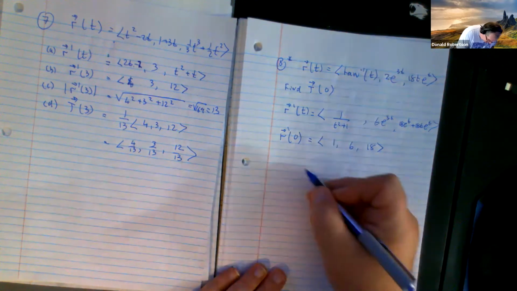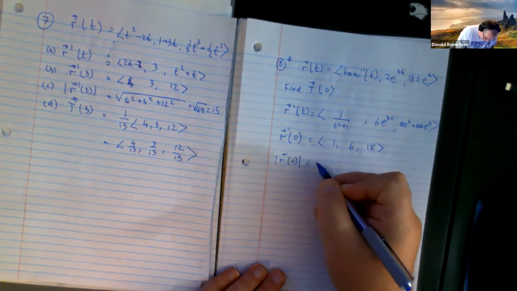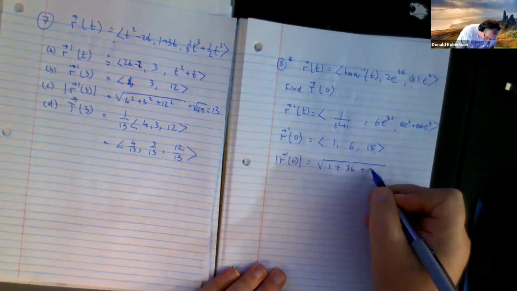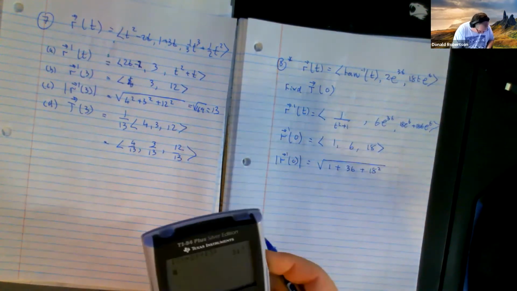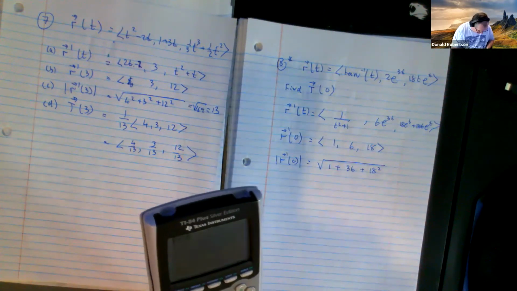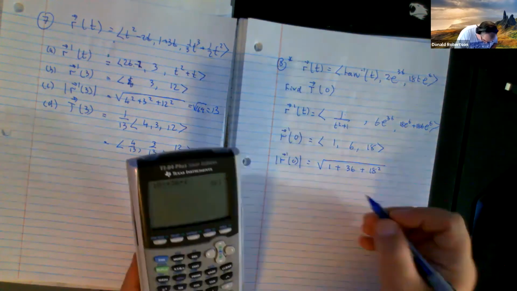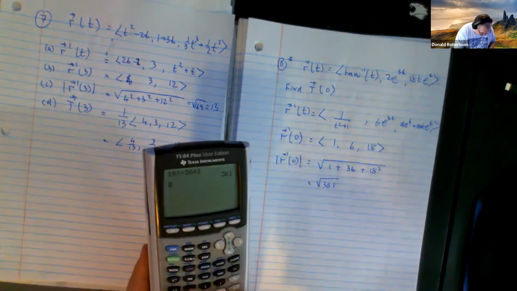Now, I need to know the magnitude of this vector, which is 1 plus 36 plus 18 squared. So what we got, 18 squared plus 6 squared plus 1 squared is 361. And I think that's going to be good.